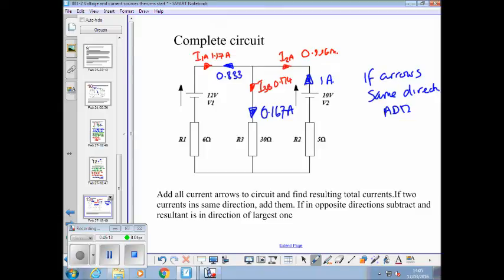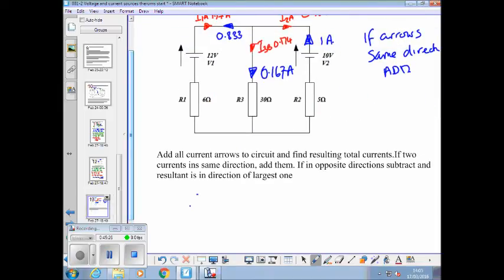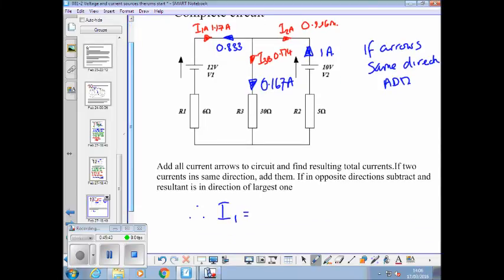Yeah? So if we take I3, well, let's take them in order. Therefore, I1 is equal to, so we look at I1, we've got 1.7 amps left to right, 0.833 amps right to left. So therefore, think of it as the 1.17 is the biggest, that's going to push back on the other one.